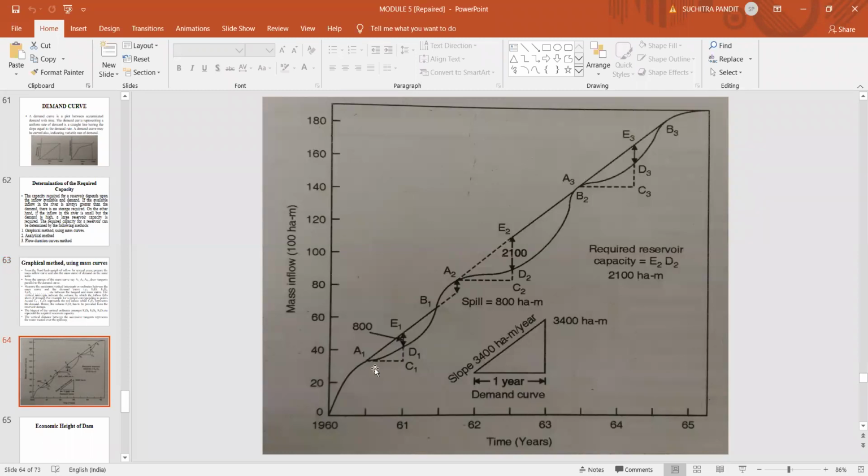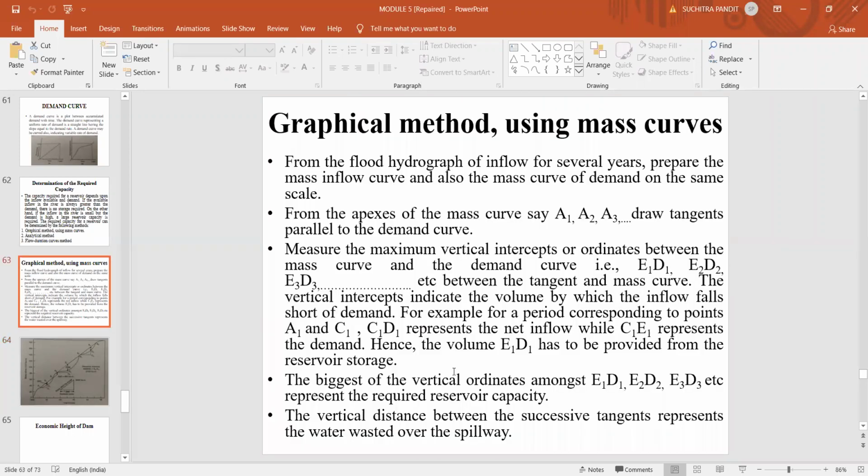In a particular year, this is A1, C1. Here, D1, C1 is the net inflow into the reservoir, whereas E1, C1 is the net demand. Now you can see here.